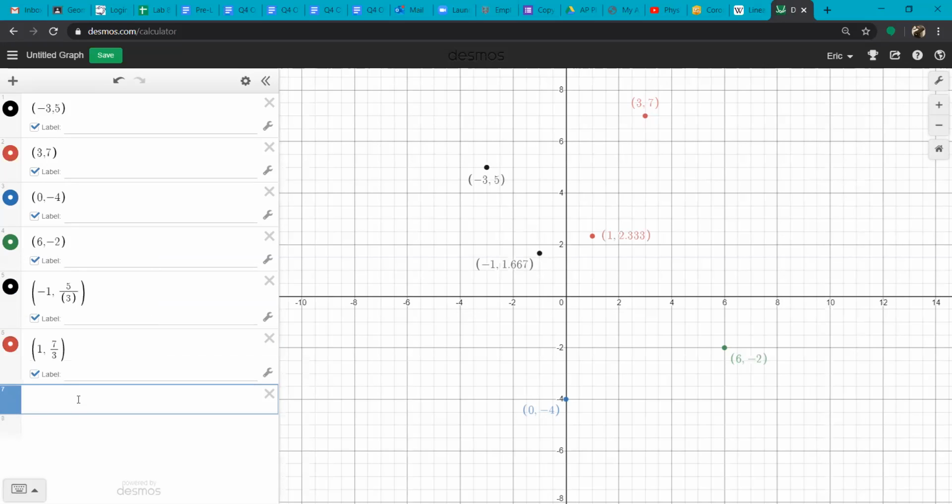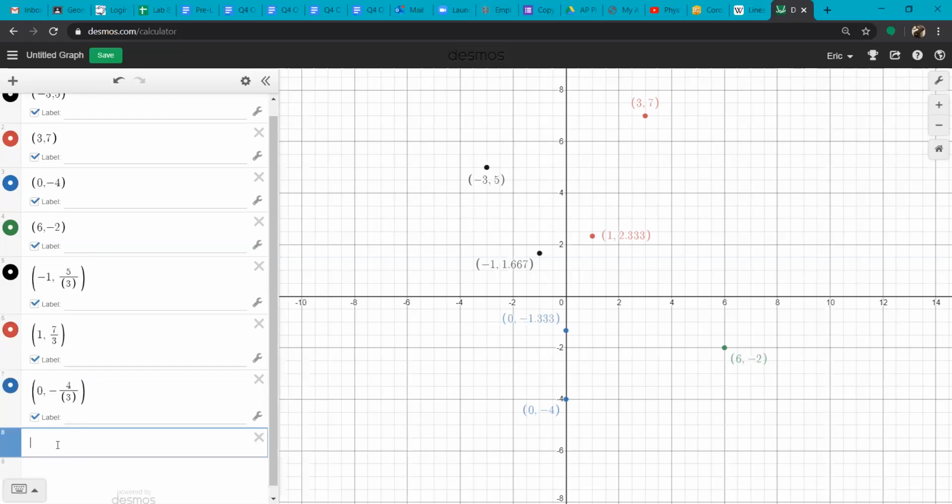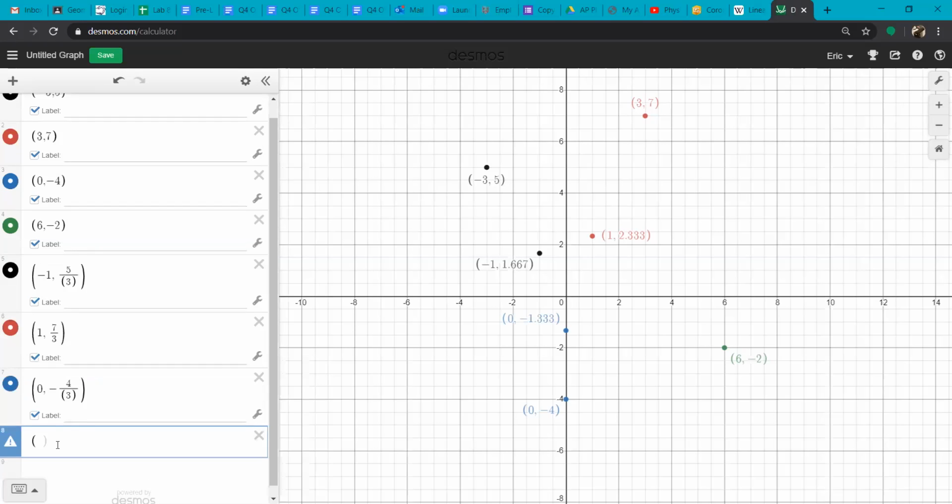And then we are going to reduce down blue. What's 0 divided by 3? 0. 0, comma, -4 divided by 3. So there's our reduced blue coordinate. I'll give it a label. And then finally, I'm going to reduce down the green coordinate. 6 divided by 3 is? 2.